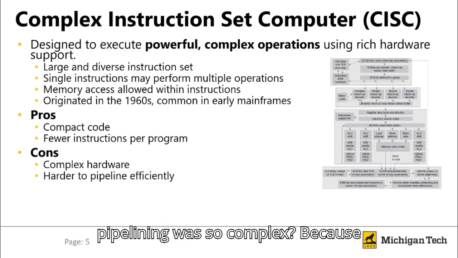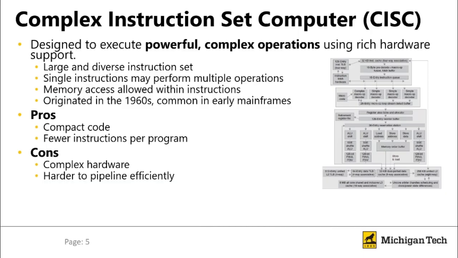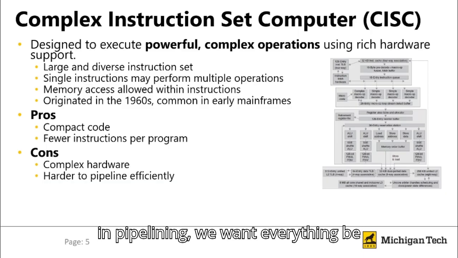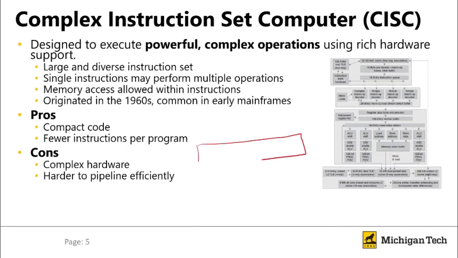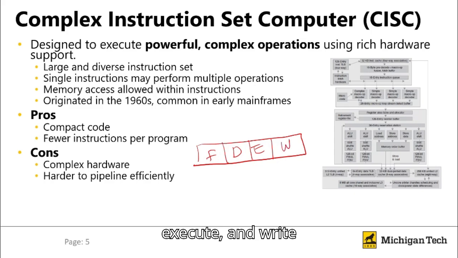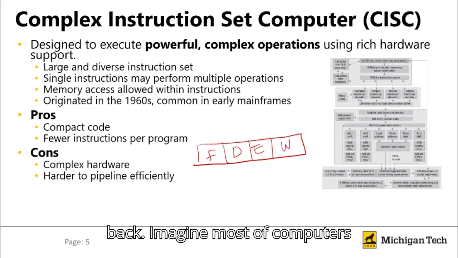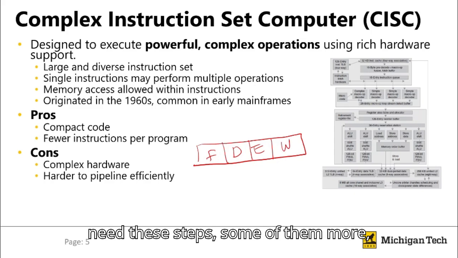Why was pipelining so complex? Because in pipelining, we want everything to be similar. Pipelining means, for example, if one instruction needs fetch, decode, execute, and write back. Imagine most computers need these steps.